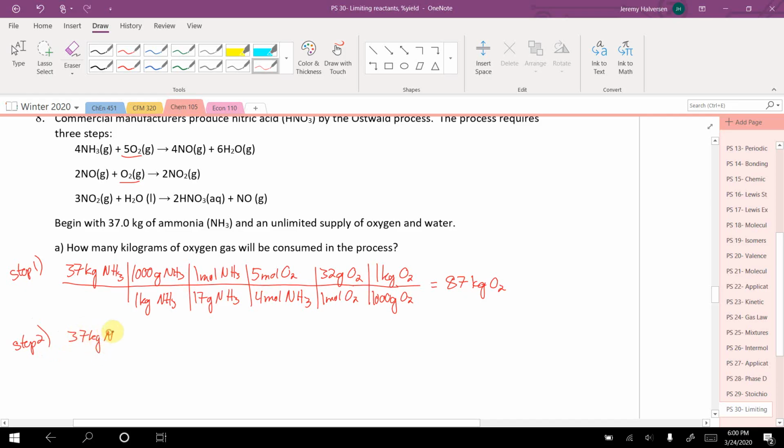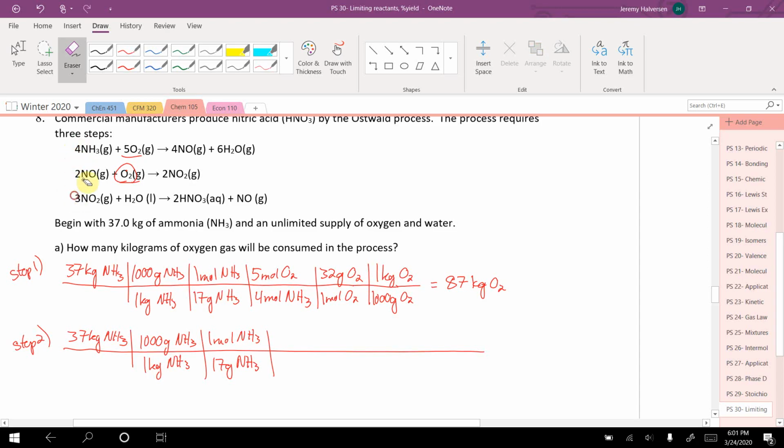In the second step, a lot of these are going to look the same. All right, I'm trying to get to this guy. Well, I can't go 4 to 1 because these 3 equations are not balanced together.